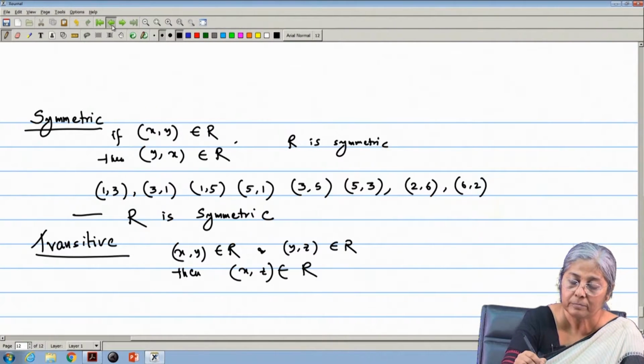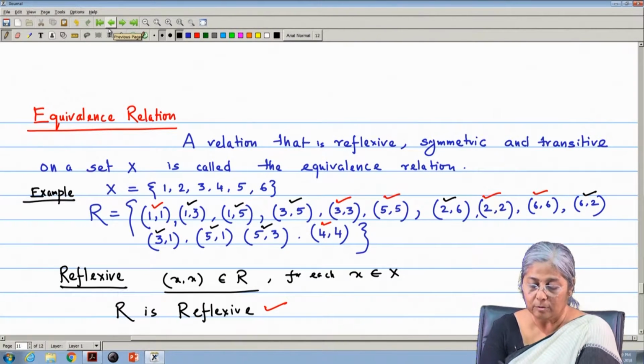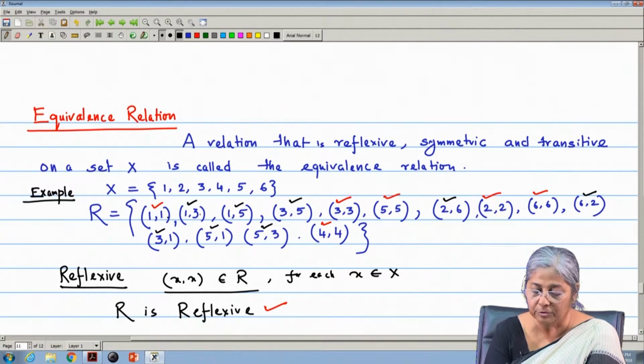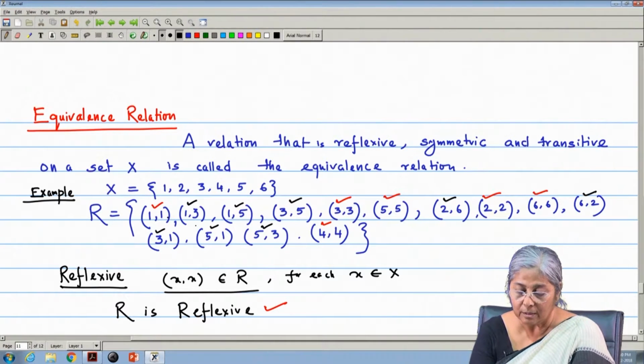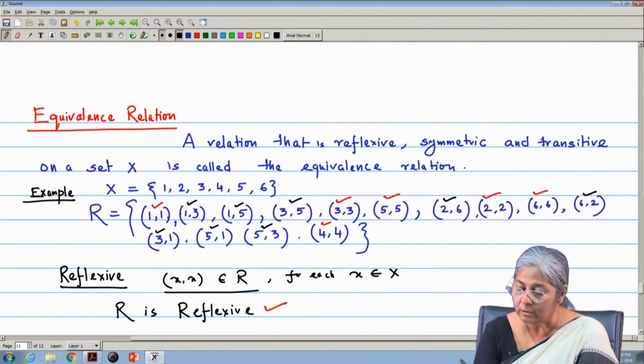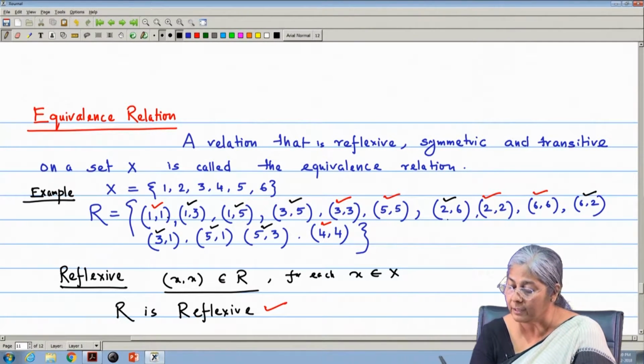So, we see (1,1), (1,3): (1,3) is there. Then (1,3), (3,5): we should check that (1,5) is there.